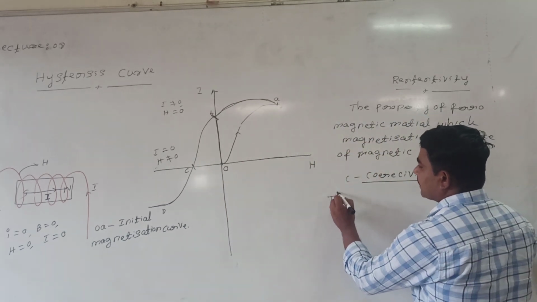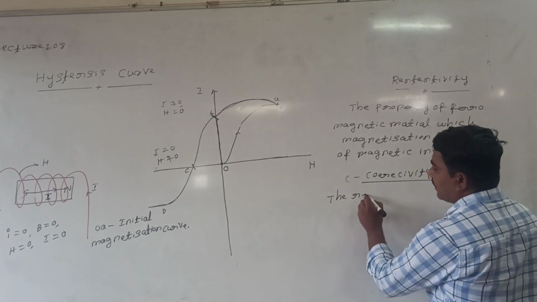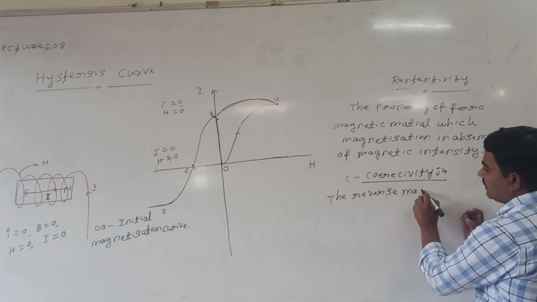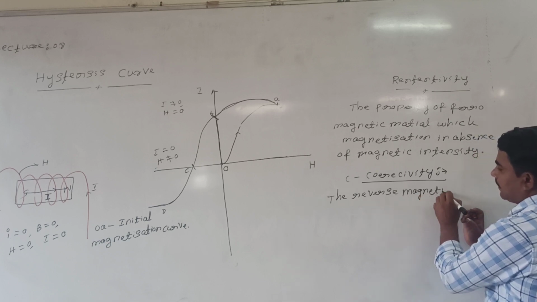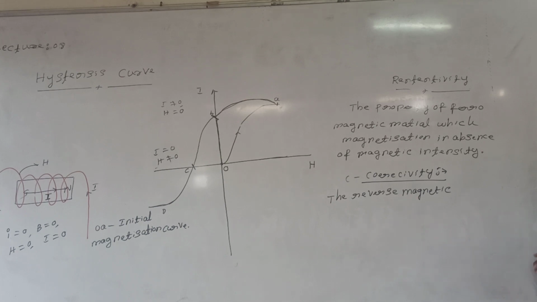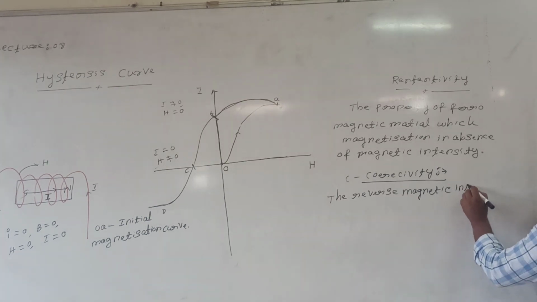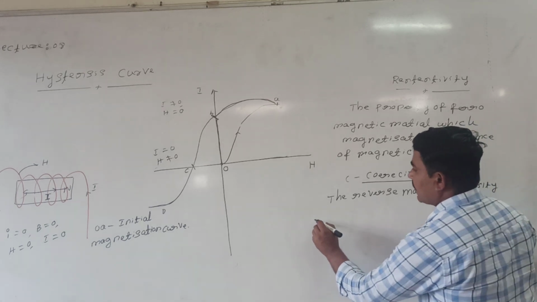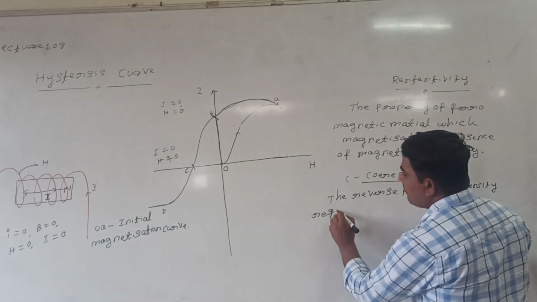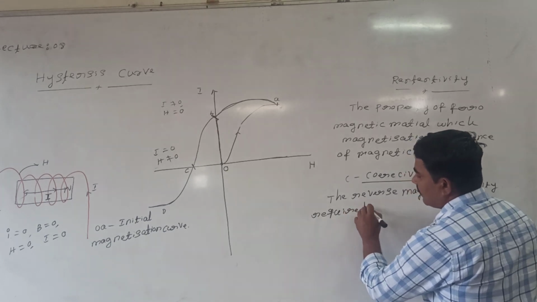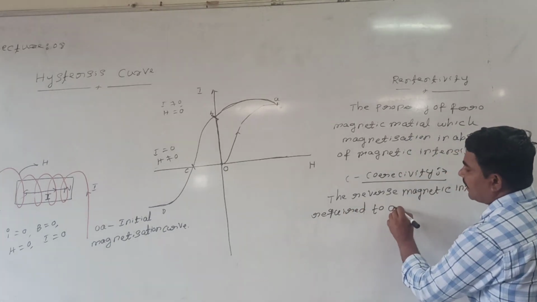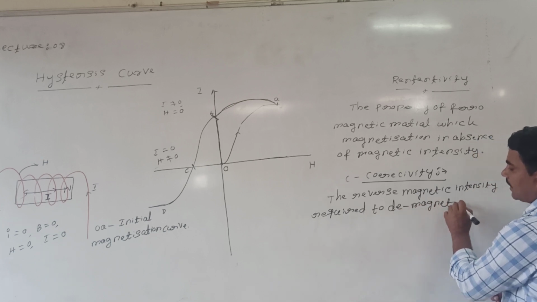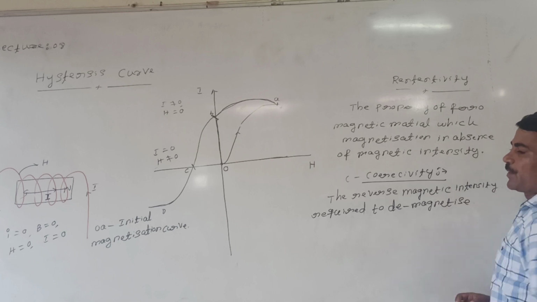Reverse magnetic intensity required to demagnetize the material.